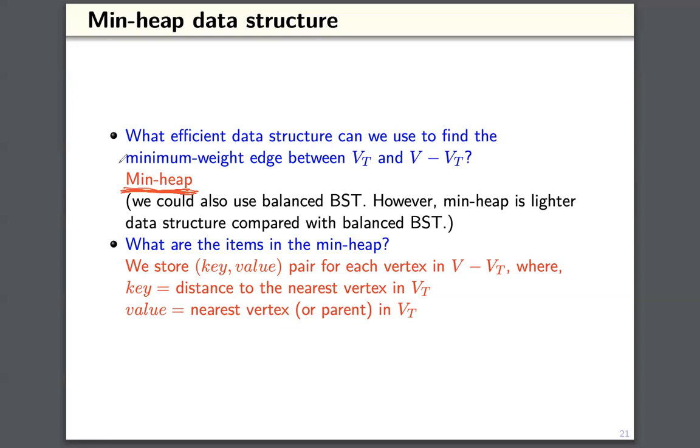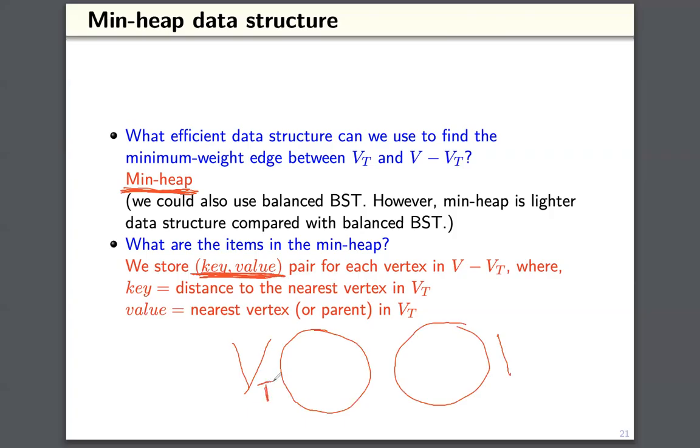So how do you store the items in this min heap? So we will store the key value pairs. And what is the key? What is the value? Key is something like this. Look at this diagram. So this is your V. This is your VT.